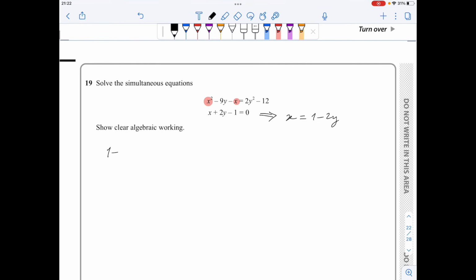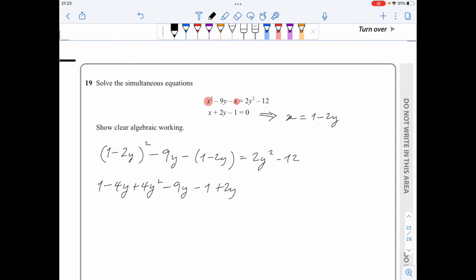So I get (1 minus 2y) squared minus 9y minus bracket 1 minus 2y equals 2y squared minus 12. Let's expand. So 1 minus 4y plus 4y squared minus 9y minus 1 plus 2y.